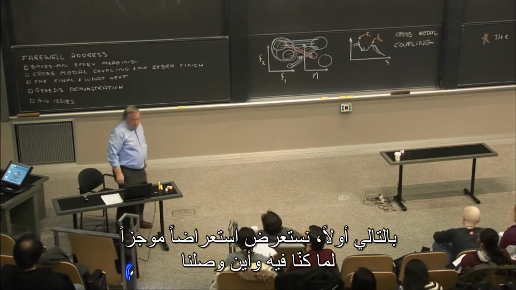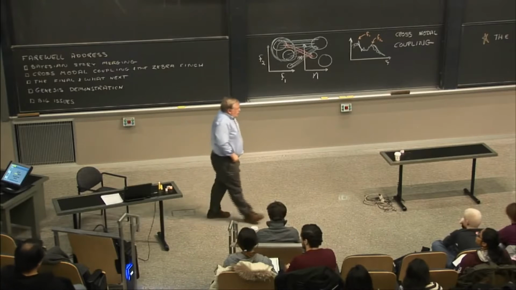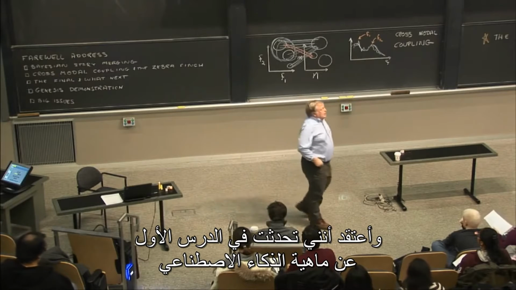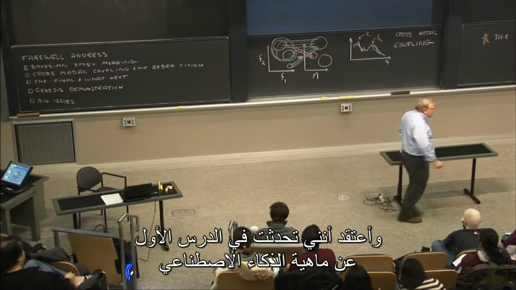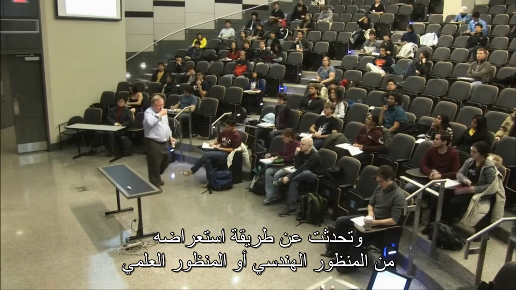So first, a brief review of where we've been and where we've come. I think in the very first class, I talked about what artificial intelligence was, and I talked about how you could view it from either an engineering perspective or a scientific perspective.